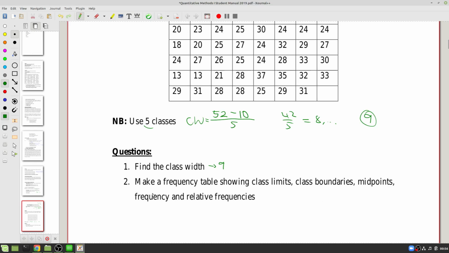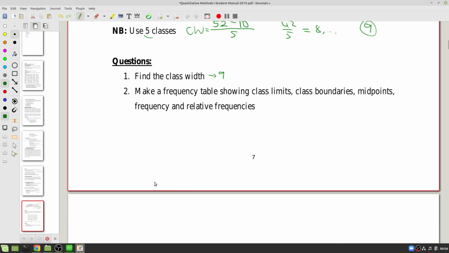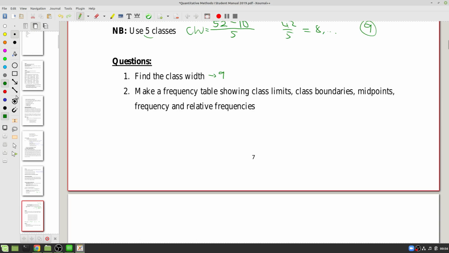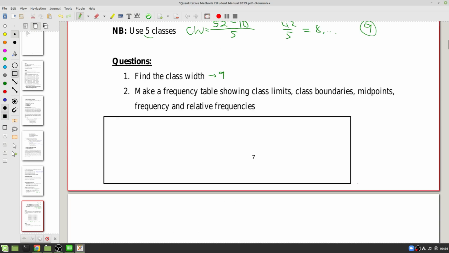Now the second question: make a frequency table showing class limits, class boundaries, midpoints, frequency, and relative frequencies. Let me draw a bit of a table here.